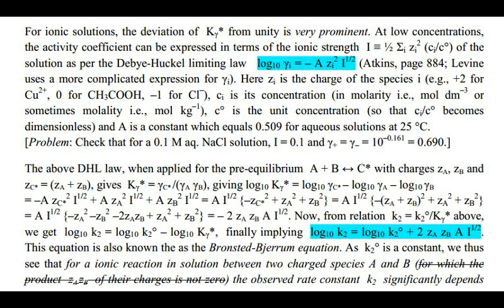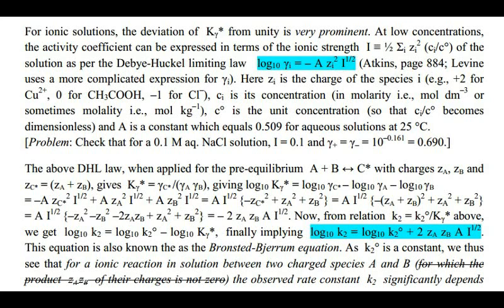Welcome back. In the next part, we look at the deviation of this K gamma star from unity for ionic solutions. It's quite mathematical. Mathematical expressions are there, not so much conceptual. So let us see. We first need to define or consider one term, the ionic strength.